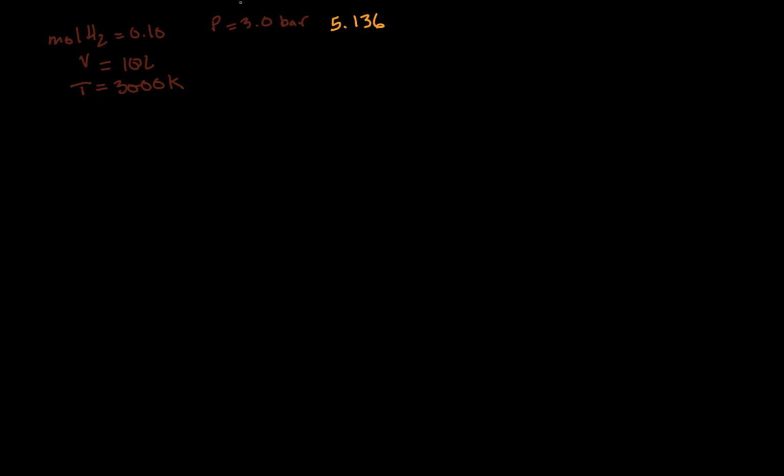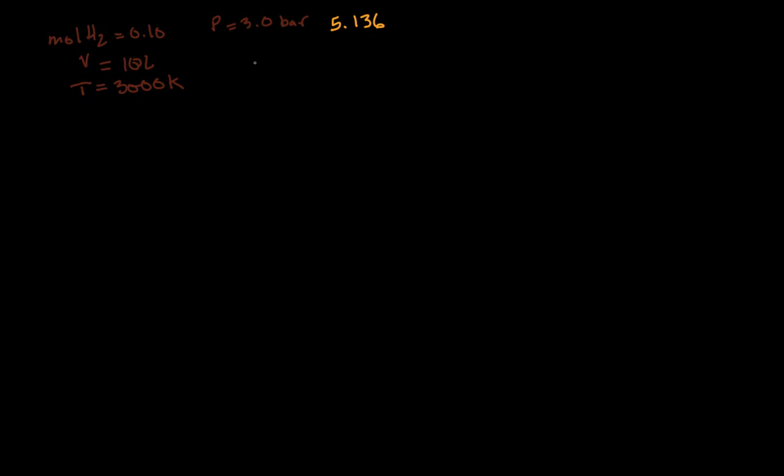Okay, so the first thing we can do is solve for the total amount of moles that we have at the end, because the volume is staying the same. We have the final pressure, volume, and temperature. We've got everything that we need.